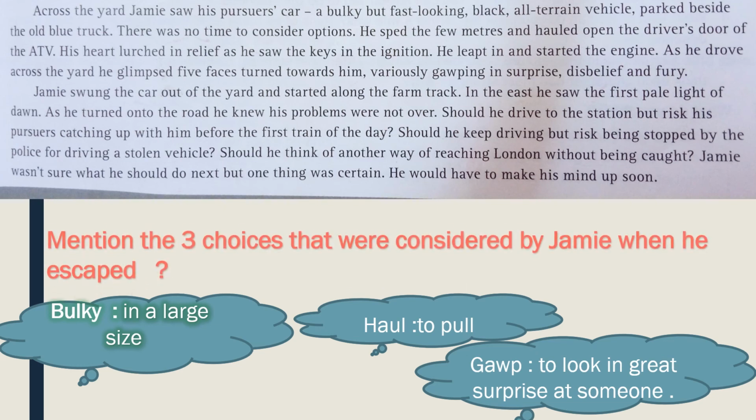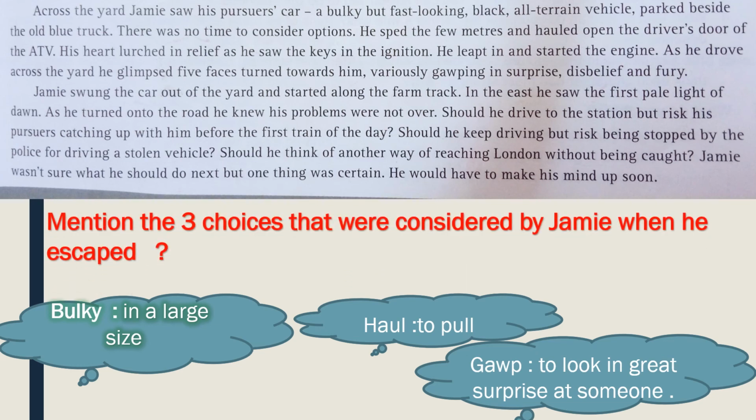So if I ask you at the end of this story, mention the three choices that were considered by Jamie when he escaped from the farm. What were the three choices? First, should he drive to the station? The danger here was that the three men may catch him.